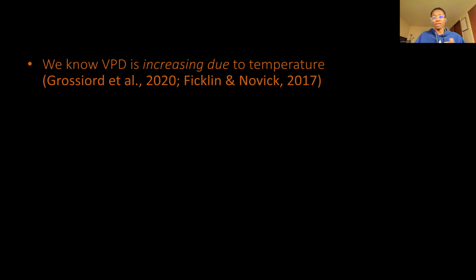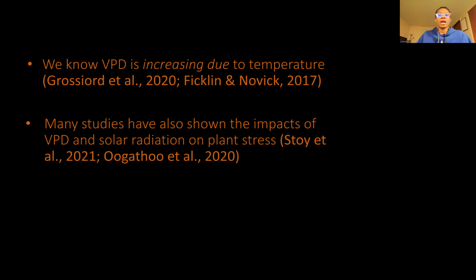Okay, so from this, we know that VPD is increasing due to temperature. Many studies have shown us that. Many studies have also shown the impact of VPD on plant stress and also solar radiation on plant stress. I've seen that over and over again from my research.